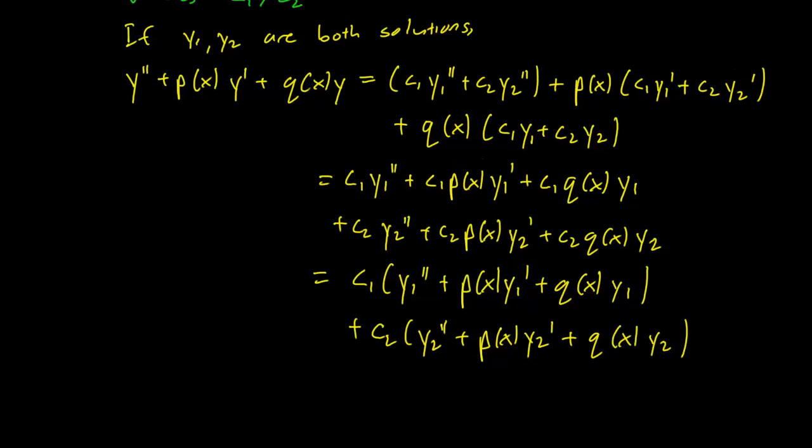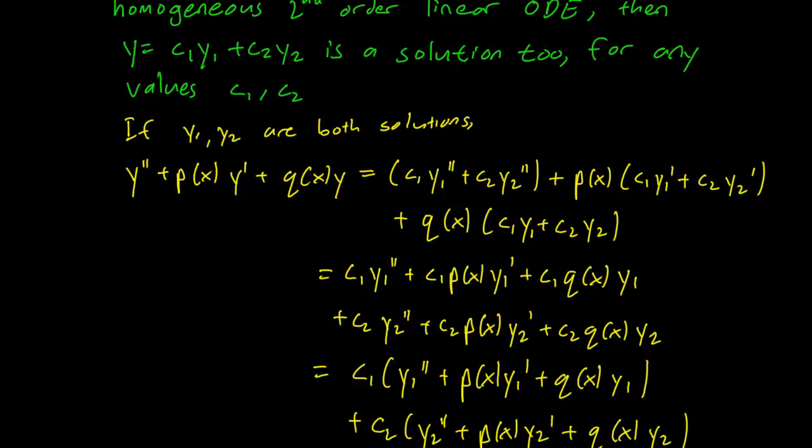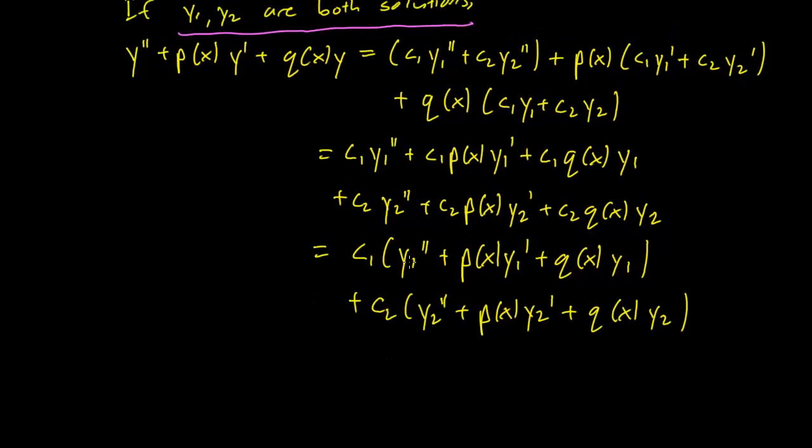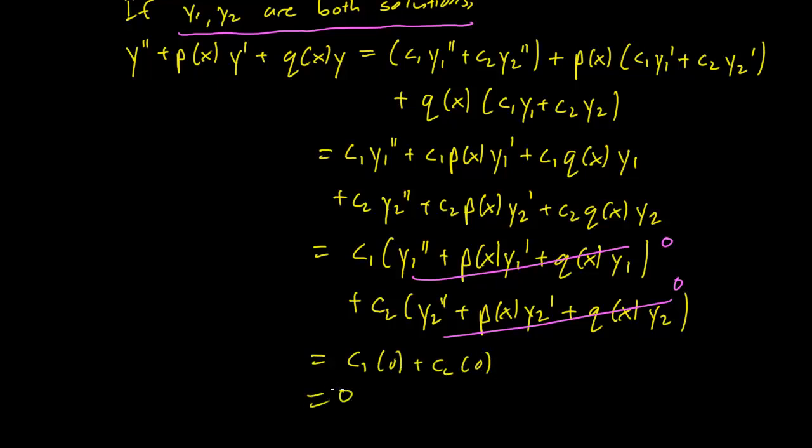Alright, but we also know that y1 and y2 are both solutions to that homogeneous equation. And what we mean by solutions is that this differential equation is going to equal 0, and that differential equation is going to equal 0 because y1 and y2 are both solutions, so we end up with just c1 times 0 plus c2 times 0 equals 0.